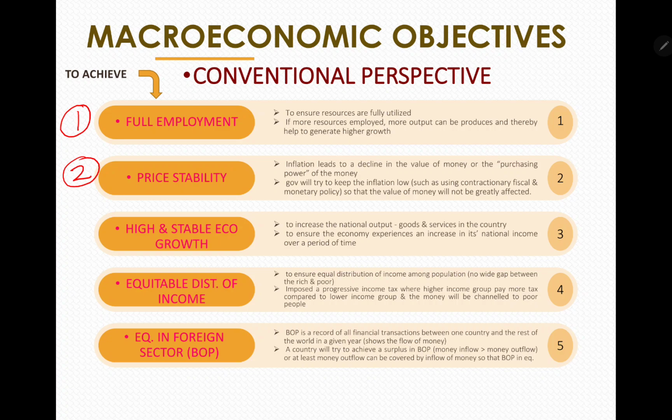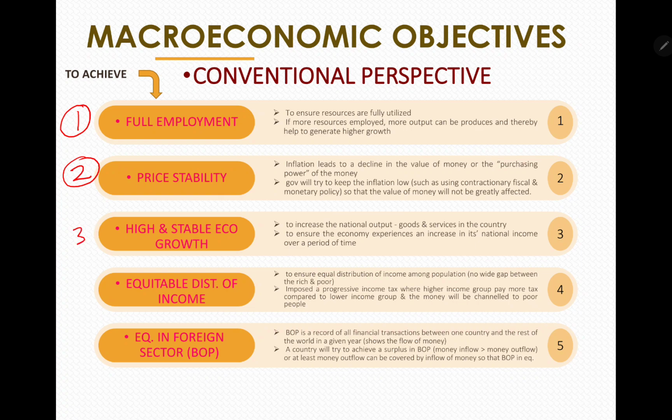So with concern for the citizens, they will intervene in the market by using contractionary fiscal and monetary policy, as well as direct control, such as minimum and maximum prices, to ensure that the price level in the market will remain stable.